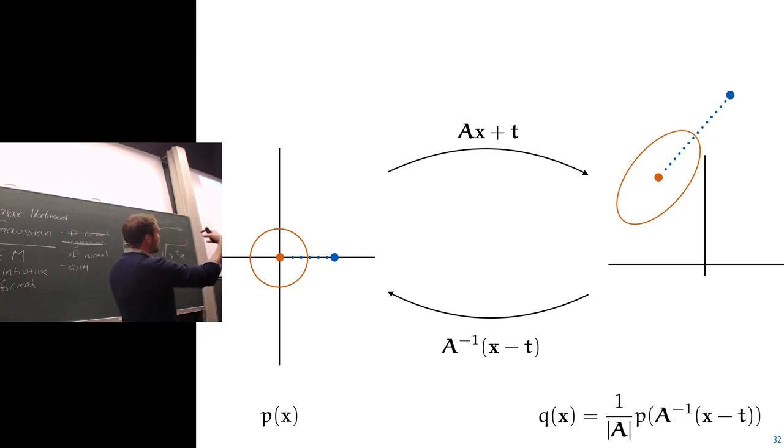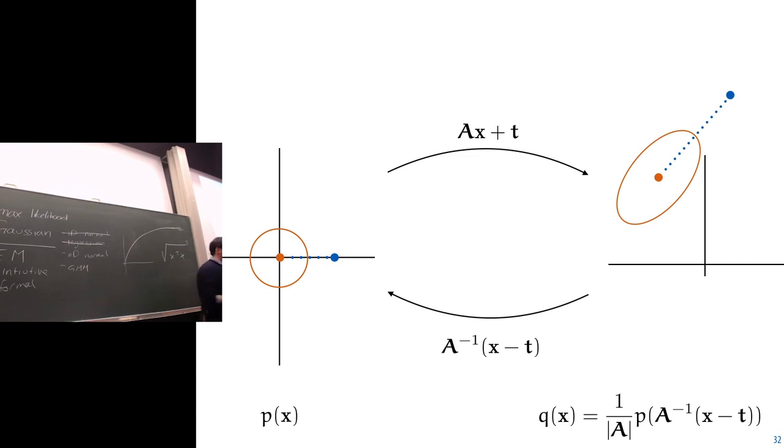It's blown up the amount of probability that is captured by this characteristic ellipse. So we need to correct for that. We need to work out how much this transformation blows up the volume inside the orange ellipse, and then divide by that, so that the function sums to 1 again.